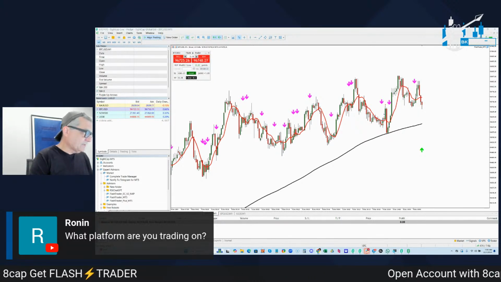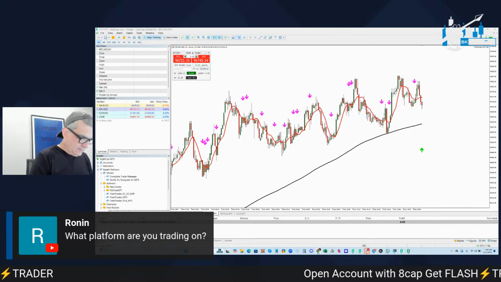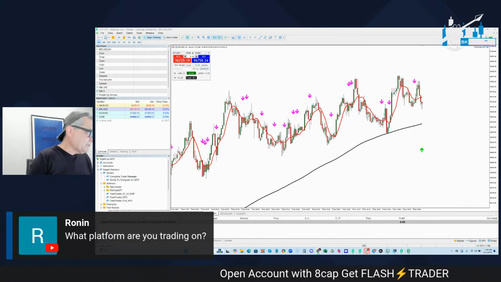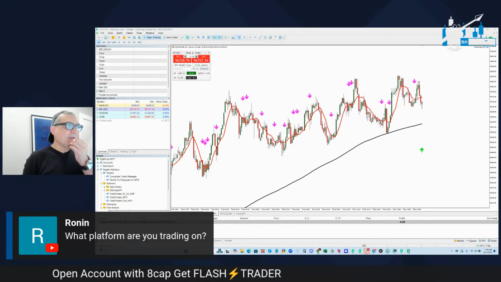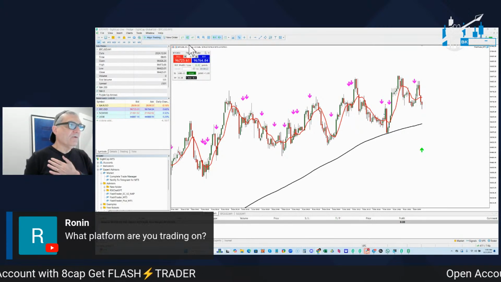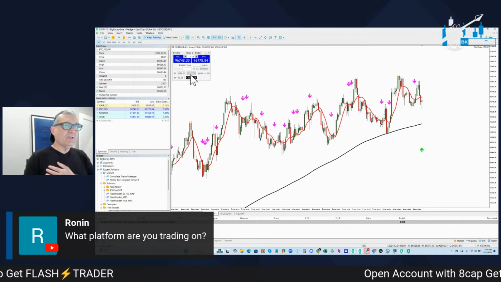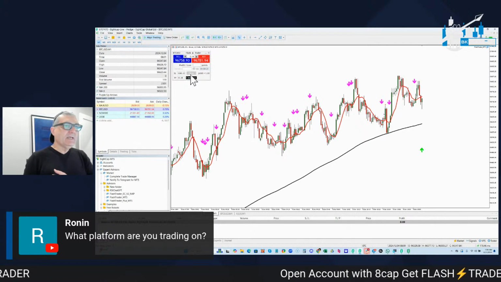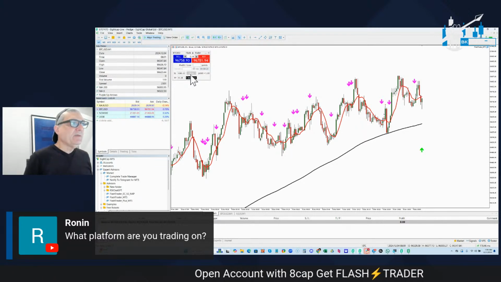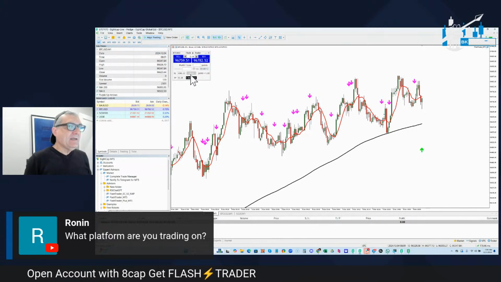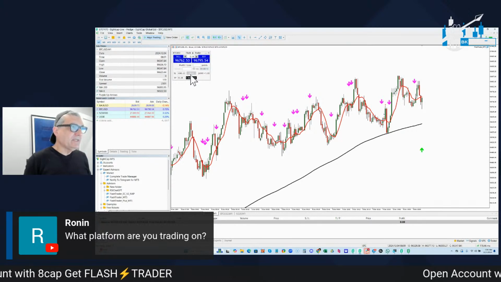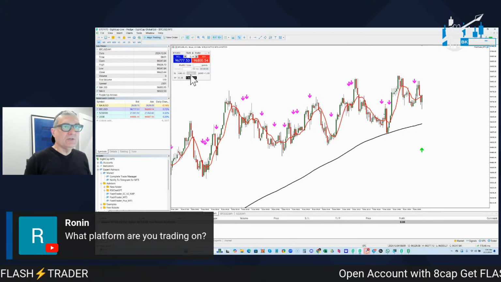Let me put this up here in the chat. You guys can download it and test it out and just see how good it is for what we do. If you want to do short-term trading, long-term trading, it's incredibly powerful because it's much, much better than MetaTrader itself at giving you fast trades with risk control inside of them.